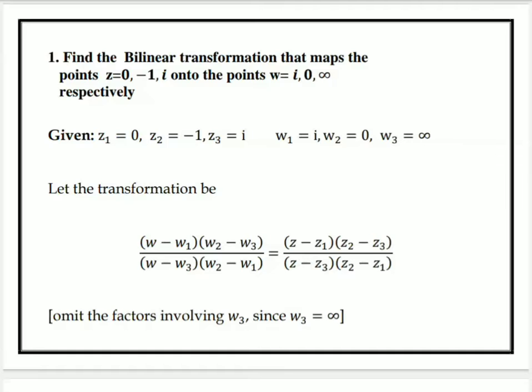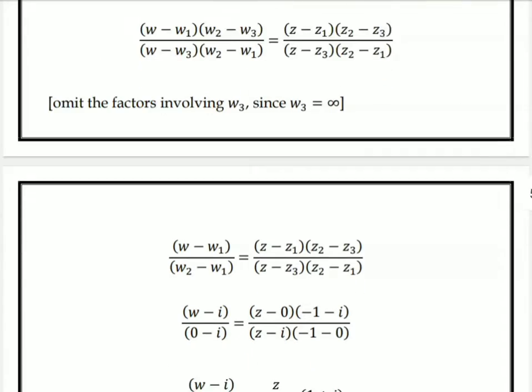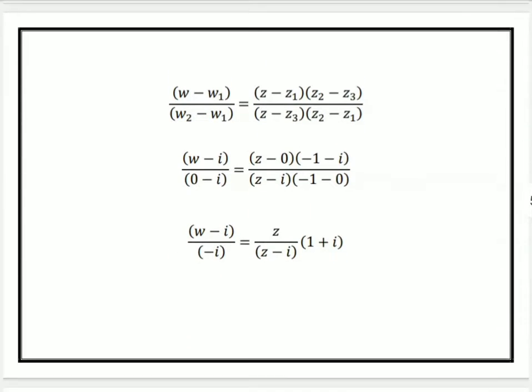Because w3 is infinity, taking the infinity outside, we get w2 divided by infinity, so that value is 0, so we omit the w3 term. The remaining terms will be (w - w1) divided by (w2 - w1) equals (z - z1)(z2 - z3) divided by (z - z3)(z2 - z1).